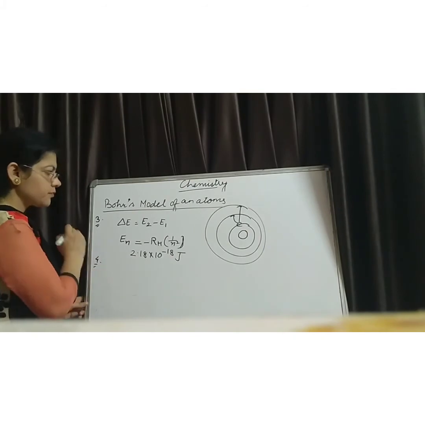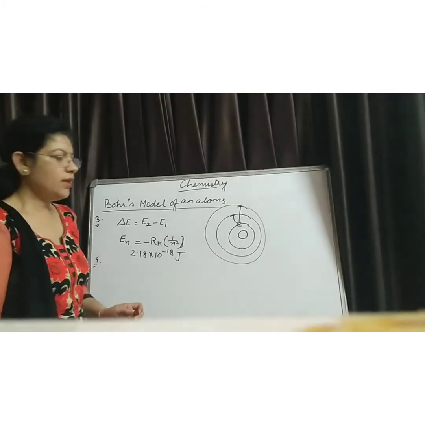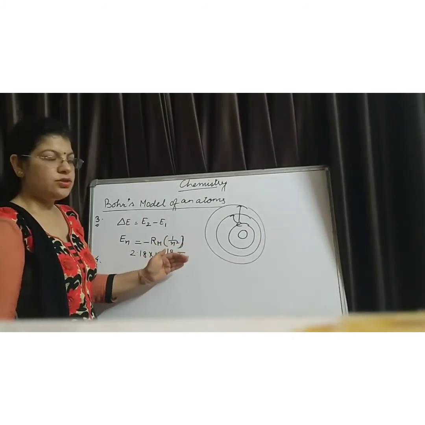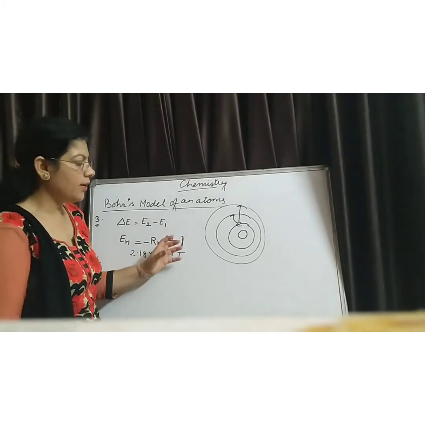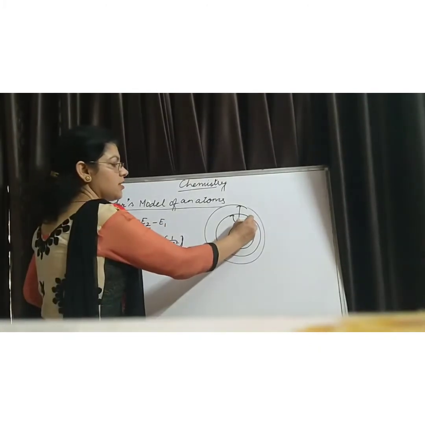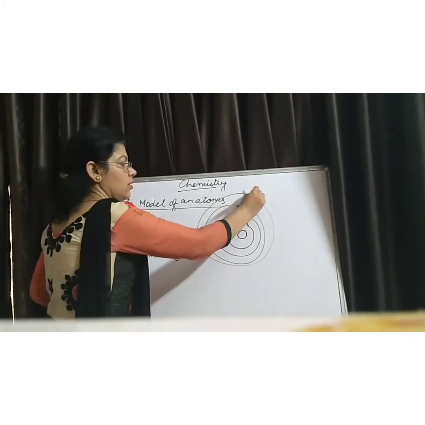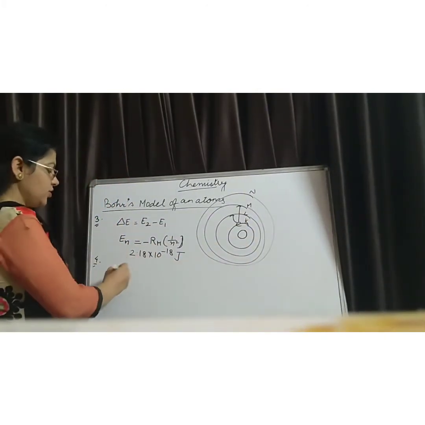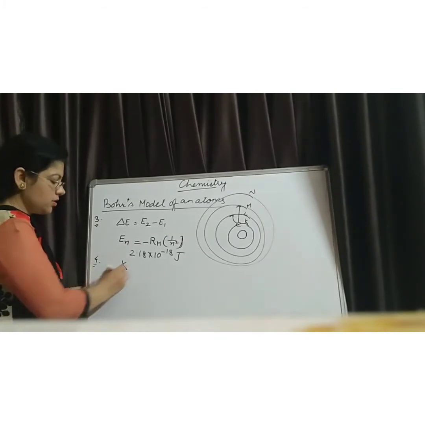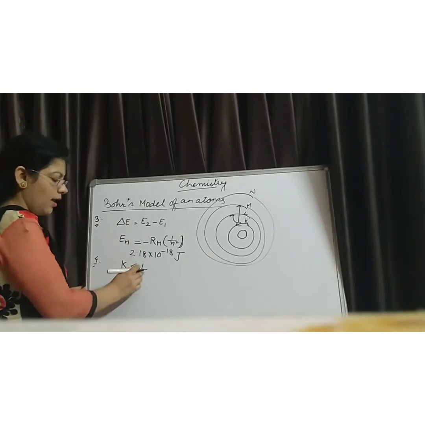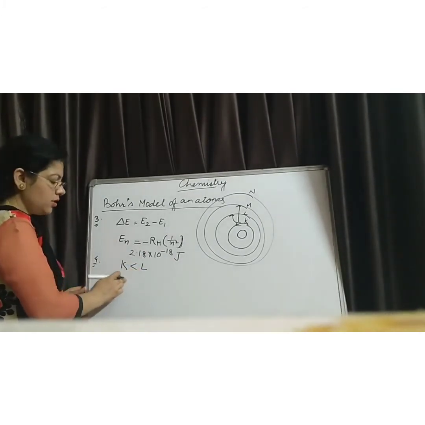Next point, Bohr arranged the different shells in increasing order of energy. Means K shell has the minimum energy, L shell has greater energy than K shell.